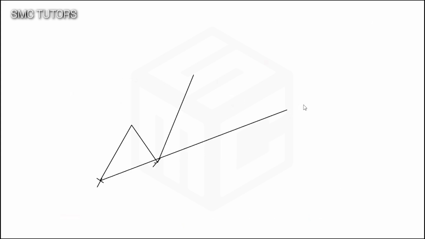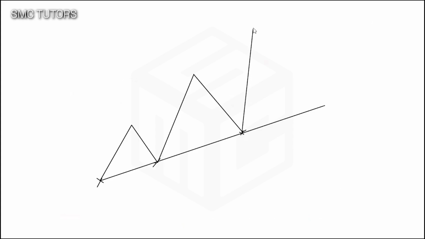So if price is moving in this direction and we've gotten 2 points of reaction like this, if we draw a trend line moving this way, the suggestion here is that once price gets back down, it's going to use this trend line as a support level to push price up to the upside again.